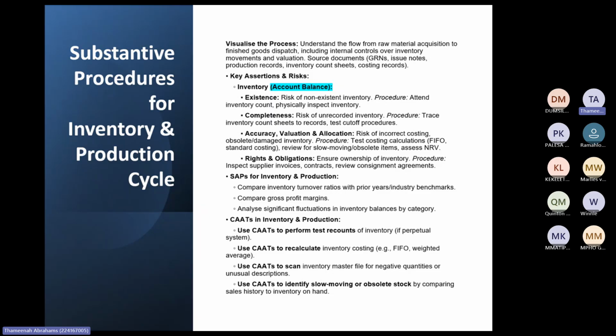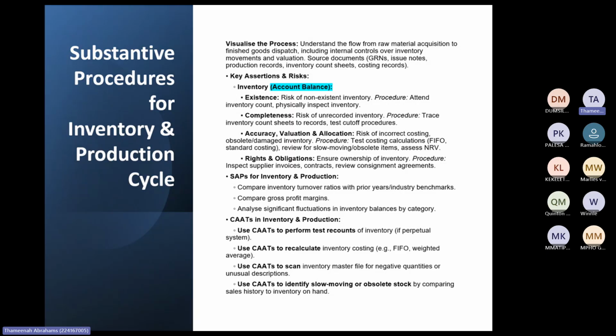Once you receive the goods, the raw materials will be checked in, like we said before, by clerks, and they will still do the same observation by comparing it to the supplier delivery note and the purchase order. Then they'll also create a goods received note. But the only difference is now the raw materials get stored, and only when they need the raw material in production will they transfer it to production.